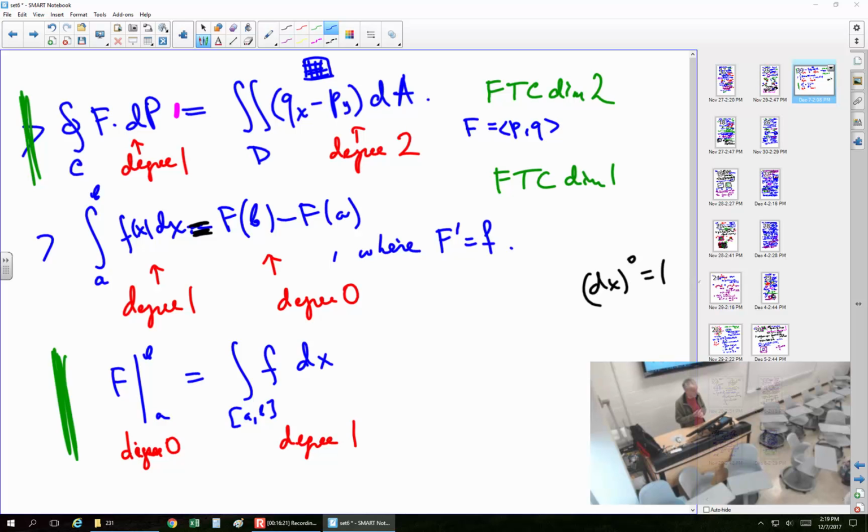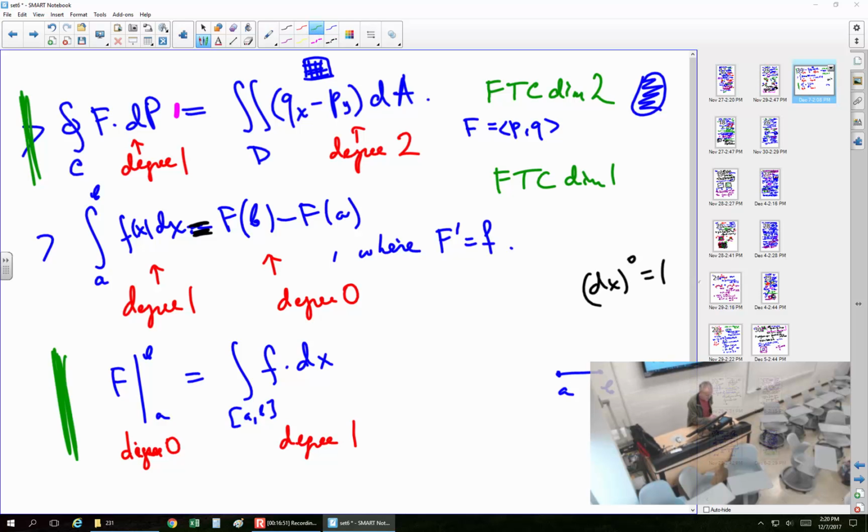So that's how we're doing it, and then you realize that the left-hand side matches the right-hand side here, except that crucial part is that that one is over a closed curve like this, and this one, the integral over AB, is not a closed curve, but otherwise it's exactly the same. So that way the dimensions are matched up.